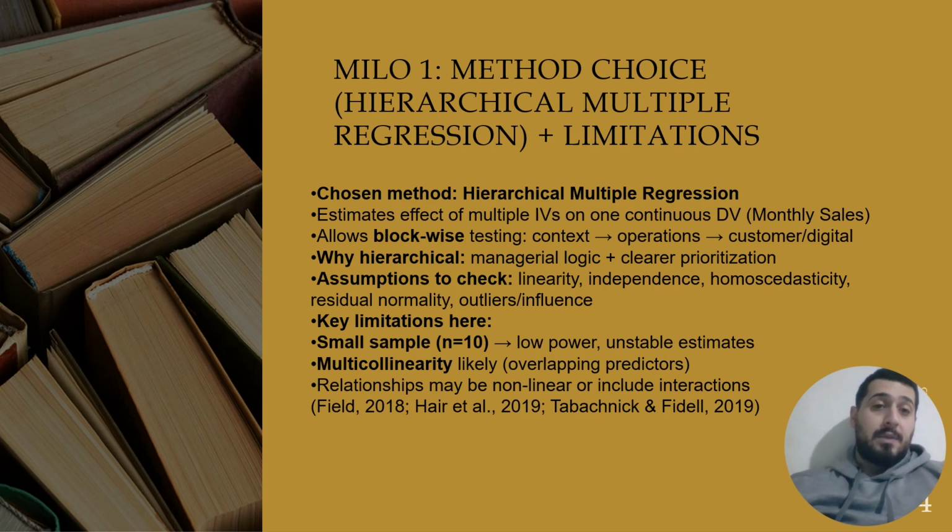The sample is only 10 stores, which reduces statistical power and makes coefficients unstable. Multicollinearity is also likely because predictors may overlap strongly. Therefore, results should be treated as decision support and hypothesis generator, not as a definitive causal proof.